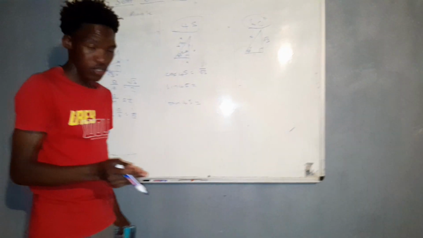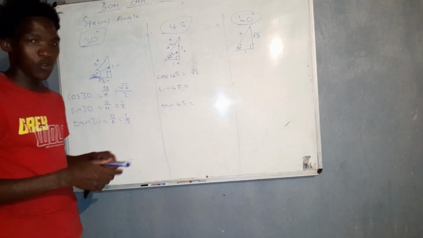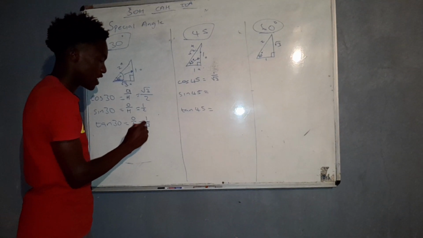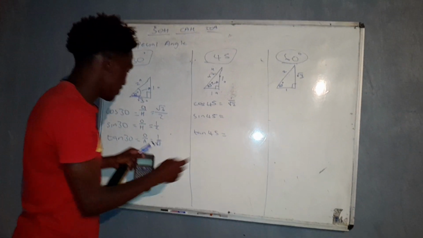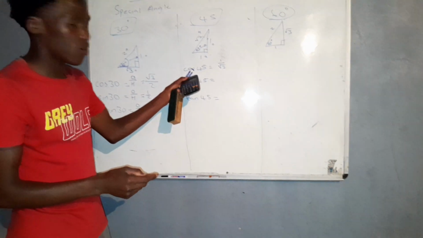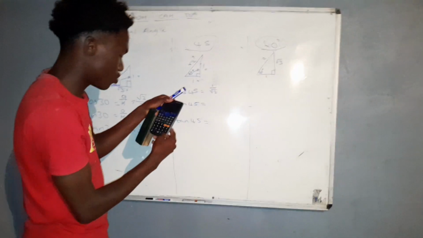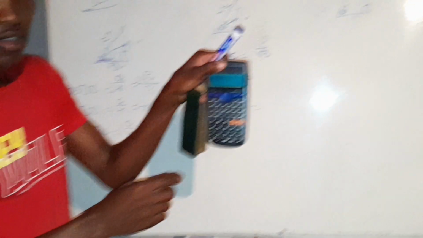So please note that whatever you may try to calculate, if the denominator gives you a number that is a root or a set number, it's still the same as this one. If you do cos 45 in the calculator, it will give you root 2 over 2. See, root 2 over 2 in the calculator.